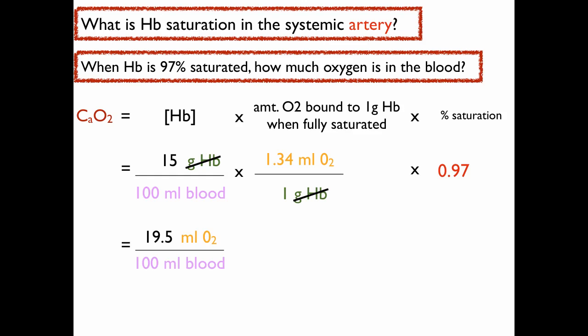And we get an answer in the systemic artery that there's approximately 19.5 milliliters of oxygen in every 100 milliliters of blood when hemoglobin is 97% saturated and the person has a hemoglobin concentration of 15 grams of hemoglobin per 100 mLs of blood.